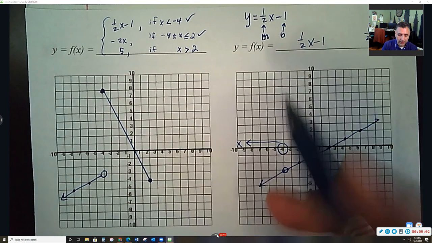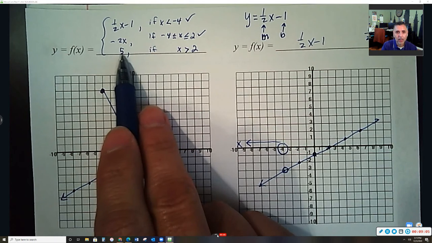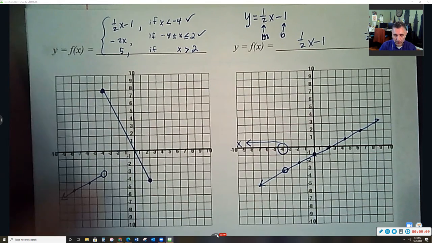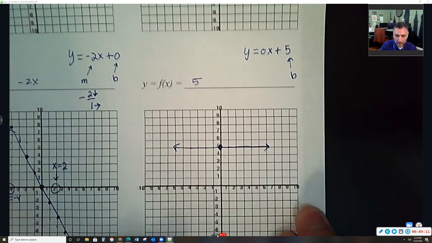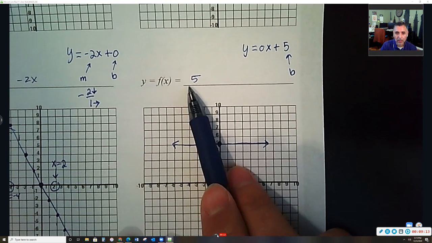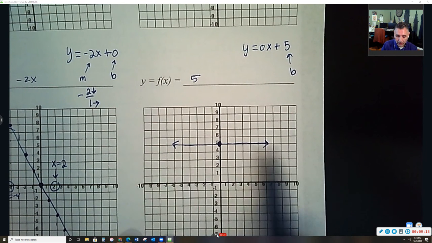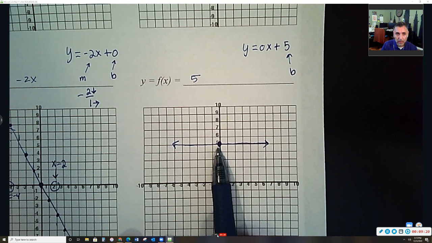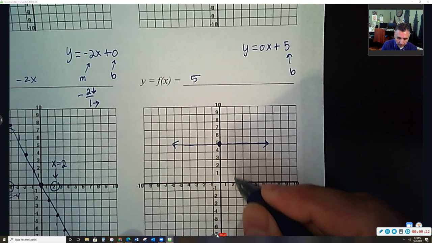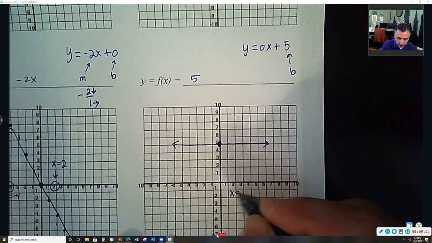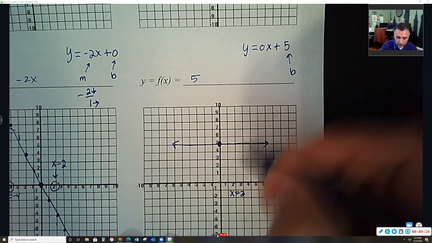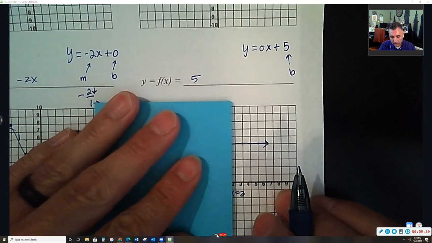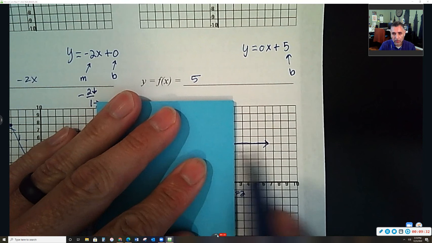Okay. Now for the last one, y equals 5 when x is greater than 2. So remember, here's y equals 5. And that's just a line going in both directions like this through 5. So when x is 2, here's x equal to 2. So basically I only want this piece.